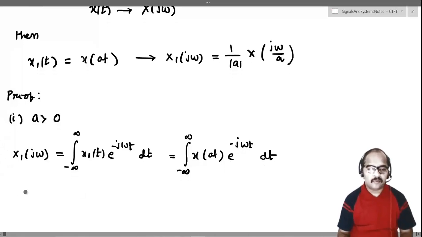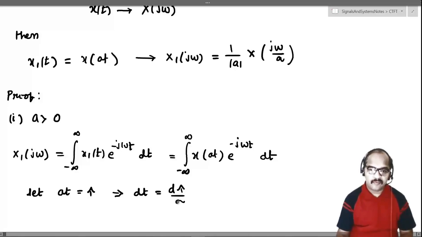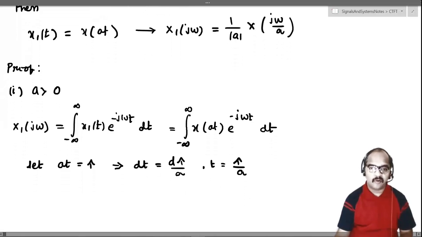Now we do a change of variable. Let us assume that we replace at with tau. This implies dt would be equal to d tau by a, and we will replace t with tau by a. Let us substitute these two in the above equation.